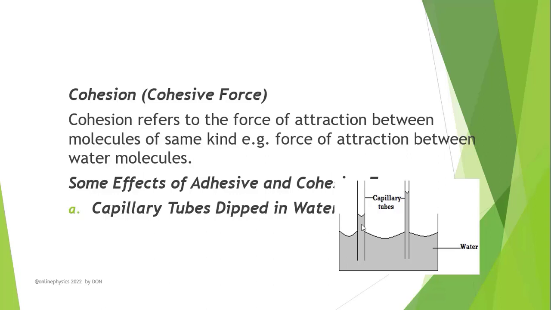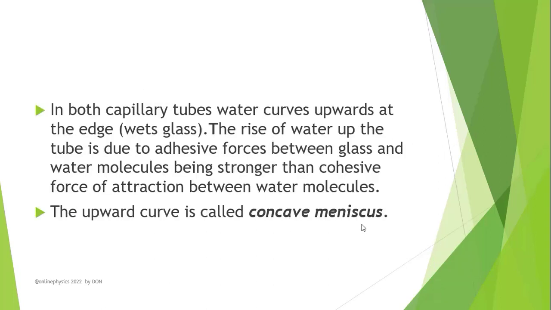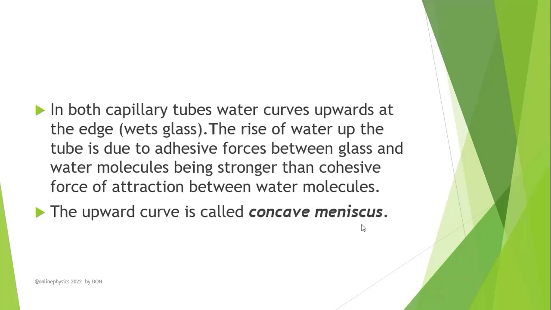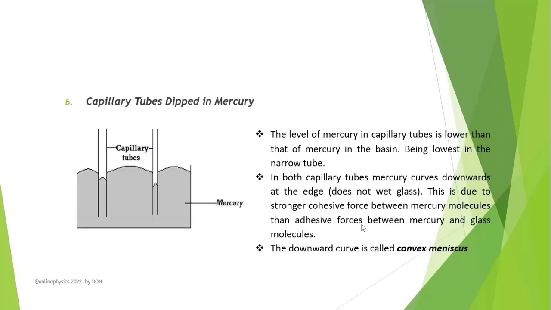So the force of attraction between water molecules and the glass molecules was stronger than the force of attraction between water molecules. That is why we have the water rising and sticking on the walls of the glass. Then the upward curve that we are experiencing under that part, this one here, that upward curve is known as the concave meniscus.